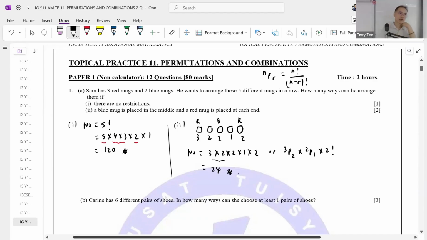That one you need to use a calculator. What is 3P2 again? 3P2 is 3 factorial over (3 minus 2) factorial, which is 3 factorial over 1 factorial, still 3 factorial. So I'd rather count one by one like this, since it's non-calculator.